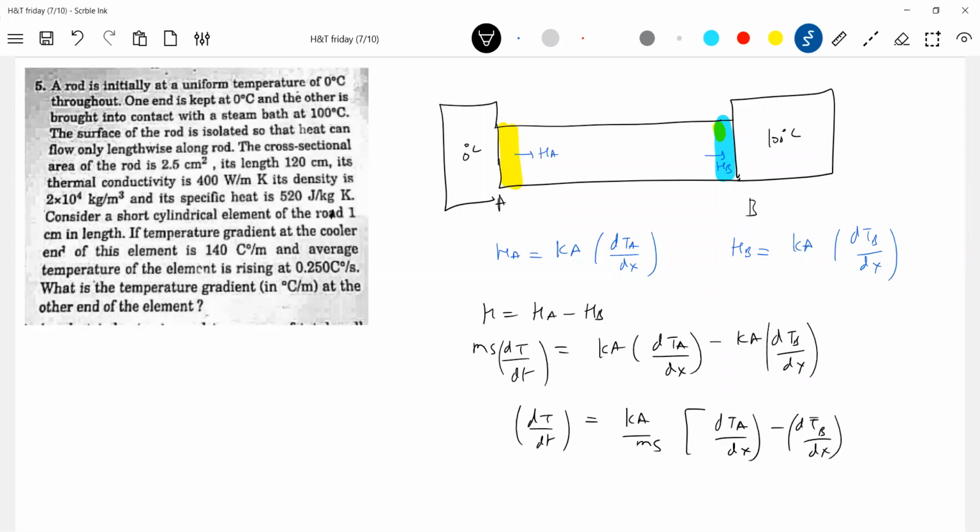We have to interpret these terms. What is the meaning of that? This is the average rate that is given. And dTA by dx, that is given, and this particular quantity is being asked. Do we know the thermal conductivity, everything? But okay, sir, what is the actual meaning of this?